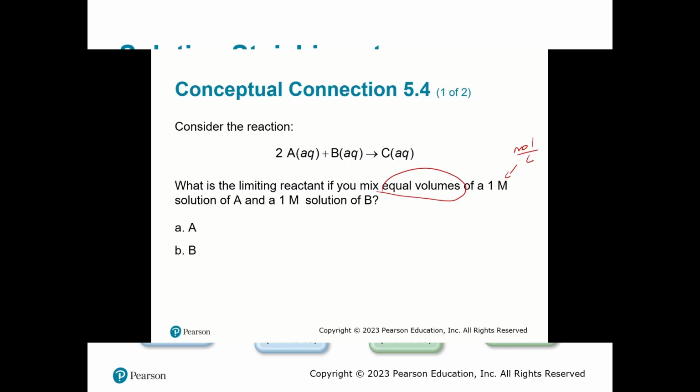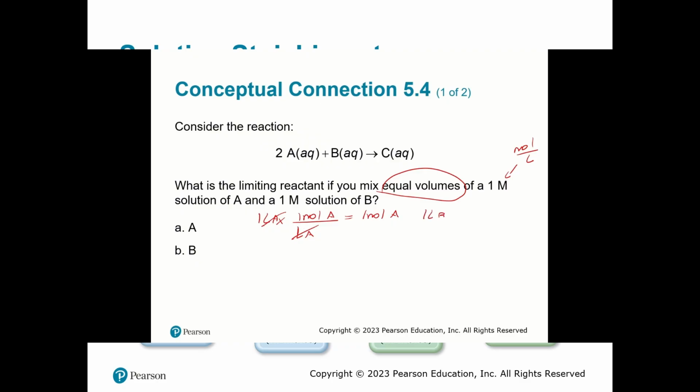I know that I need to work in moles. If they say equal volumes, I can choose 1 liter for both. And I have 1 mole of A per liter of A, so we cancel liters and have 1 mole of A.